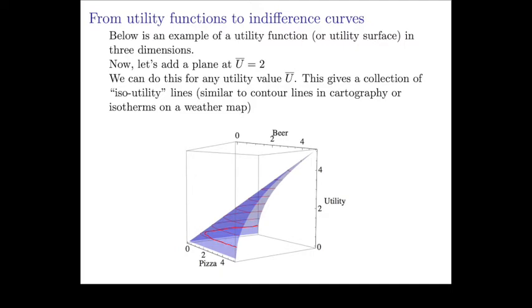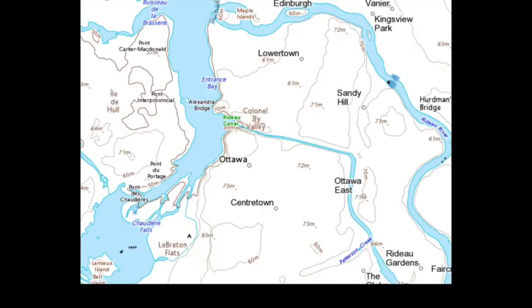Now these are very similar to contour lines on a map. So here we've got a 3-dimensional surface. Now think of a contour map where you had hills and various terrain. So let's look at a contour map of Ottawa.